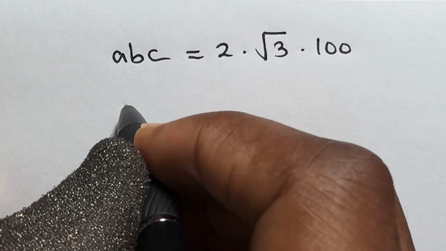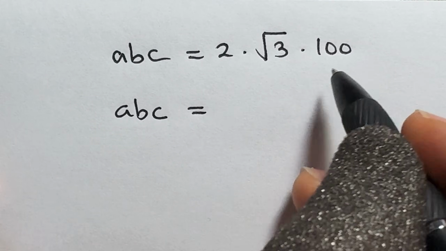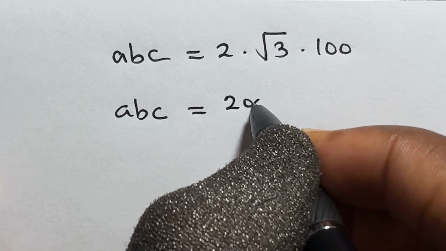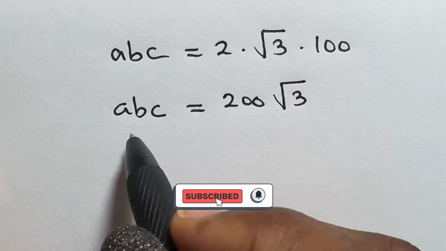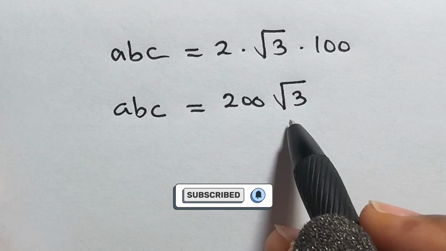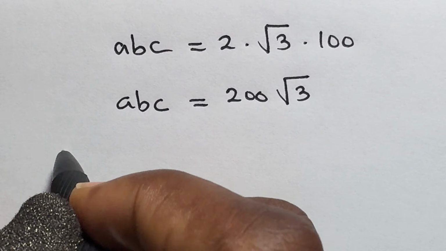This will give us 2 times 100 here is 200. So we have 200 root 3. ABC is equal to 200 root 3. Now let us go back to each of those equations.